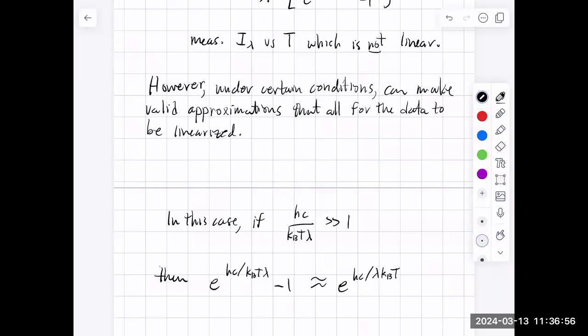But you have to consider your full range of temperatures and your full range of wavelengths, and just make sure that any combination of those values always satisfies this condition. Otherwise, you'll break the approximation, and when you try to plot your data, even though you think you've linearized it, it'll still look funny. It won't look like a straight line.